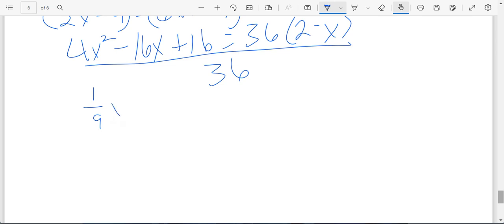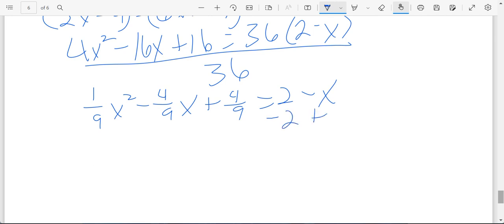So we get 1 over 9 x squared because 4 over 36 reduces to 1 over 9. 16 over 36 reduces to 4 over 9. And then 16 over 36 reduces to 4 over 9 as well. Equals 2 minus x. Let's subtract 2 and add the x.